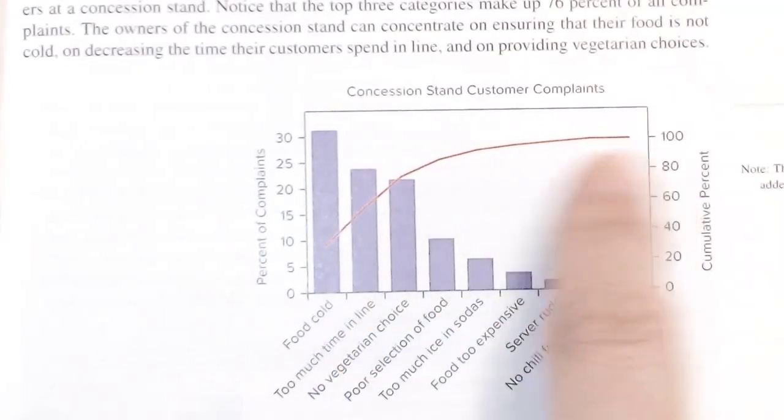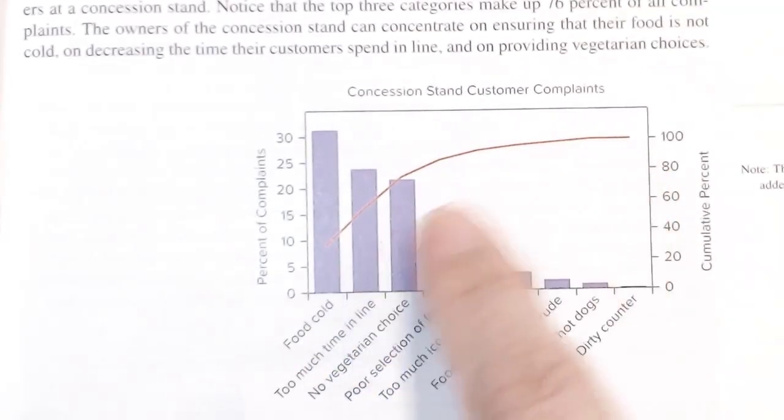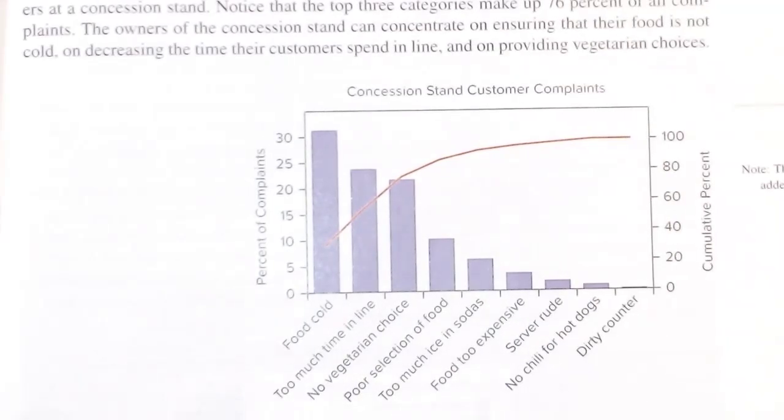This sort of line chart for completion by percentage, our ogive that we saw with the previous data, still applies here, but this type of chart is called a Pareto chart. The Italian economist Vilfredo Pareto, 1906, said, in general, 80% of your outcomes come from 20% of your causes.